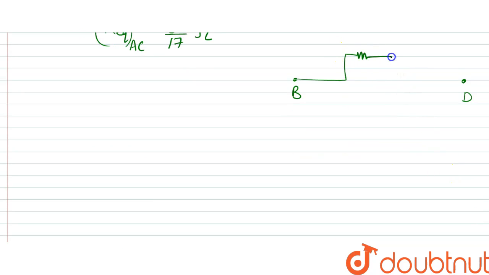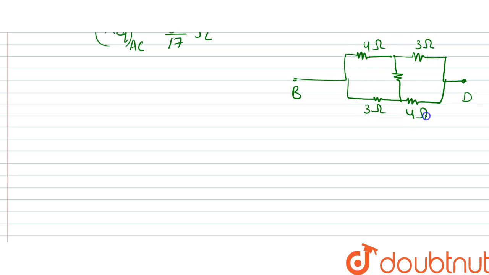So here 4 ohms, then again 3 ohms, same here, right? And in between we have 5 ohms. So it would be 4 ohm, 3 ohm, 3 ohm, 4 ohm and 5 ohm here, right? When we simplify the circuit.